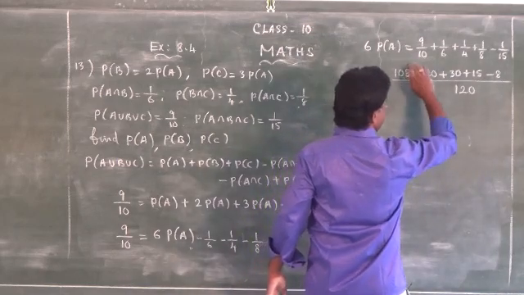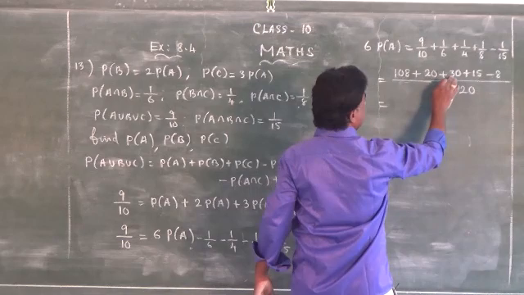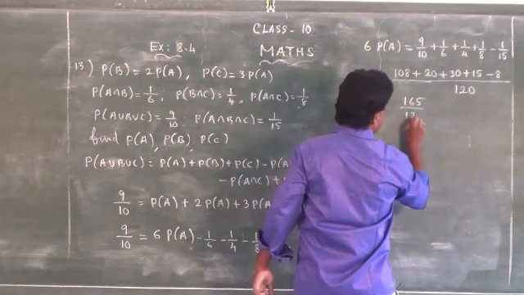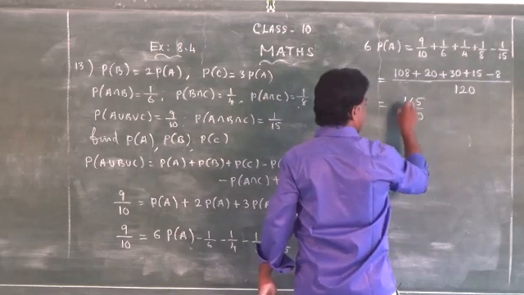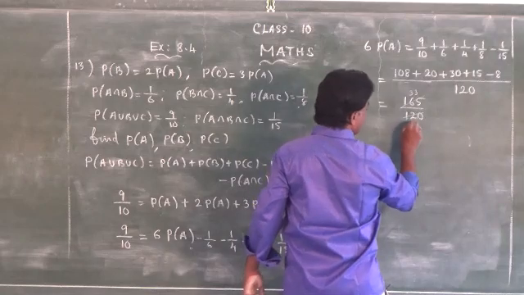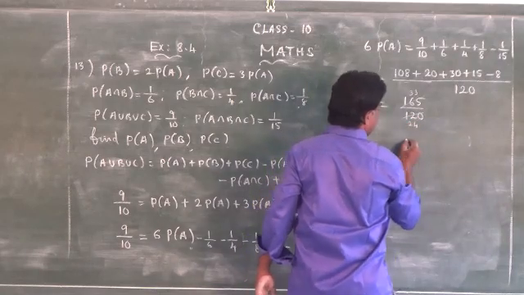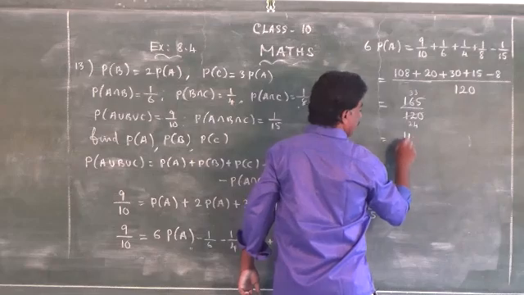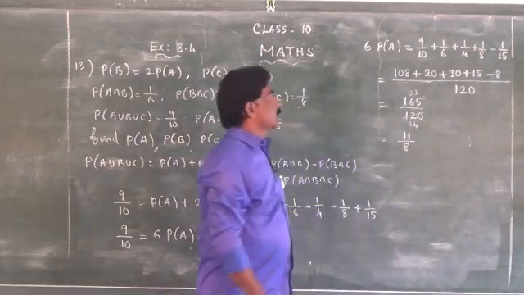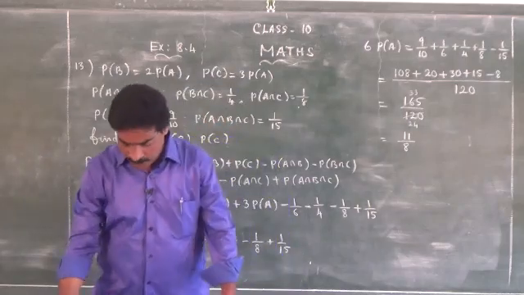So 108 minus 8 is 100, 100 plus 20 plus 30 plus 15 is 165. 165 by 120. When you cancel by 5, 33 by 24. Once again, if you cancel by 3, you will get 11 by 8.